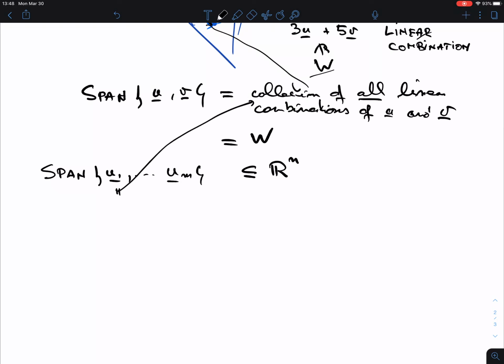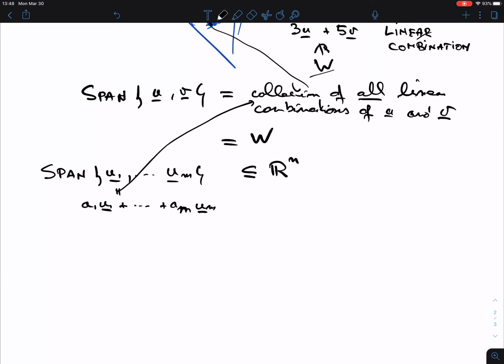So a linear combination here in general would be a1 u1 plus dot dot dot plus am um, where the ai's are real numbers, scalars. So this is a linear combination, and the collection of all of them is the span of these vectors.